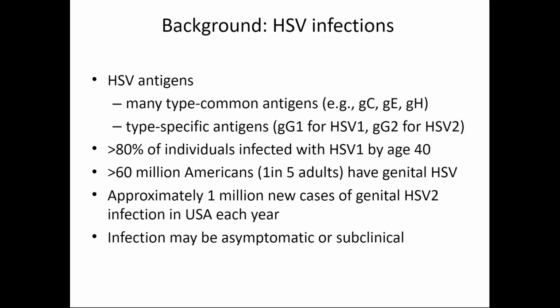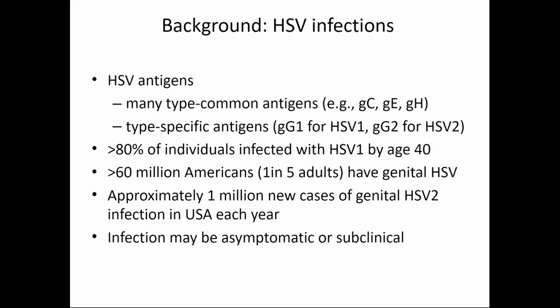There are lots of HSV antigens, as you can imagine, for any virus. There are many type-common antigens. These are things like glycoproteins C, E, and H, but then there are the type-specific antigens, gG1 for HSV-1 and gG2 for HSV-2. Greater than 80% of people are infected with HSV-1 by age 40.